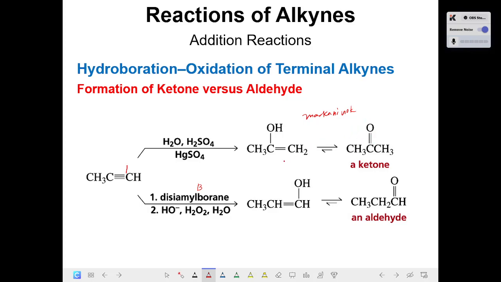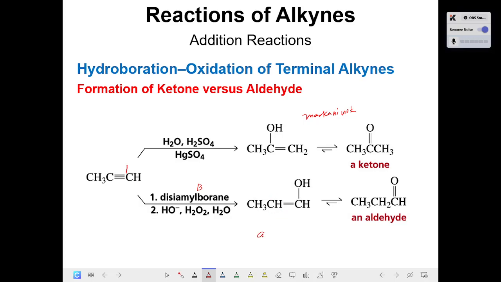Ngayon, dito sa isang set ng reaction, yung may dicyamyl borane, and then the water, hydrogen peroxide, and the OH minus, ang mangyayari baliktad, yung H ay mag-a-attach dun sa mas kakaunti.